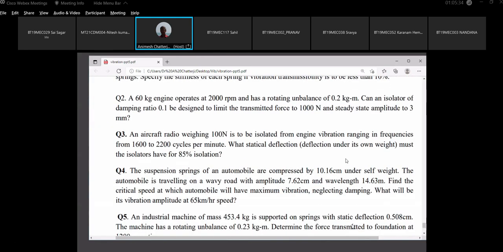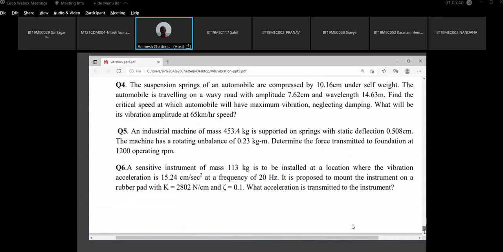Within 5 minutes I am sending it. Srabha, you will circulate it with the others. Okay? So today's class is done. You can leave now.